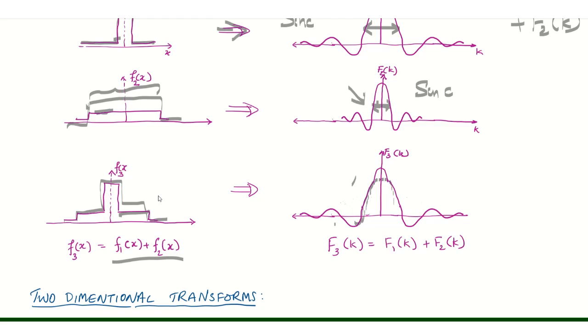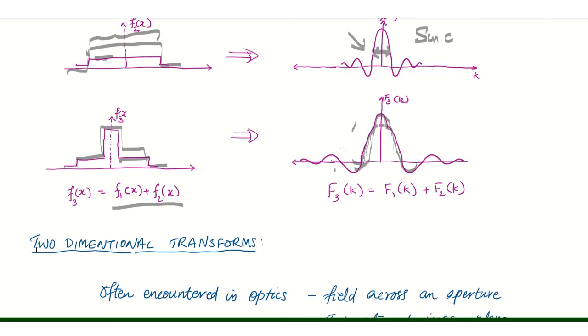Then the smaller one is this one, and when you add the two, the Fourier transform will be this one. And therefore, that one is proved.